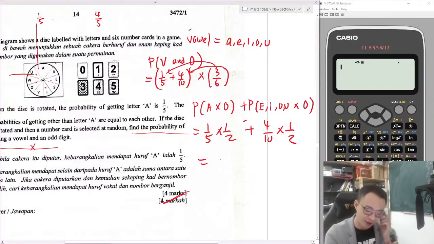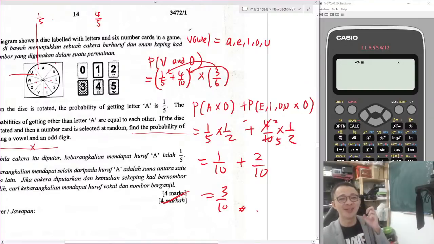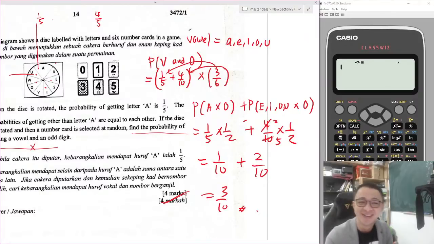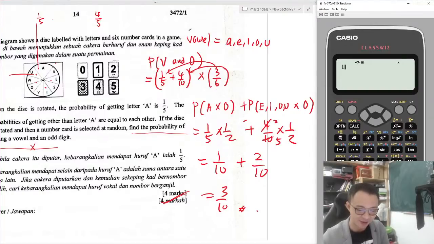Yeah, this one is more accurate. Thanks for letting me know. This is 2/10 plus 2/10, so it should be 3/10 here. I cannot simply add all the numbers together and multiply. I'm not sure why I made this kind of mistake. I just tapped the calculator wrongly.